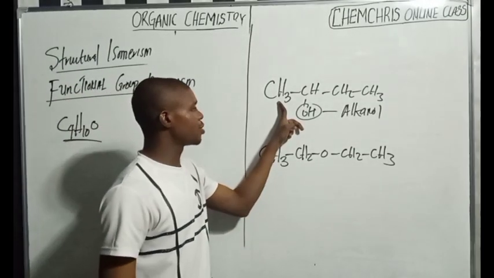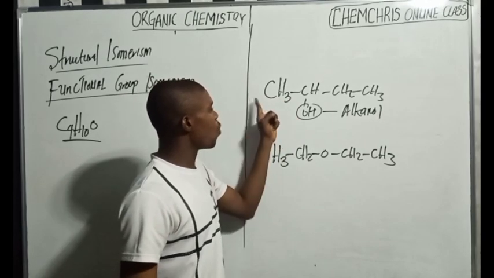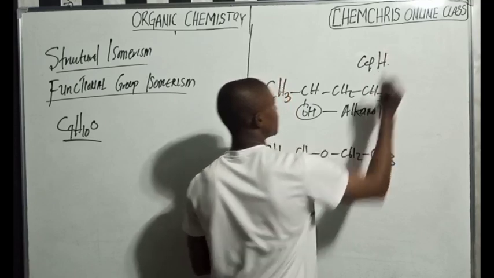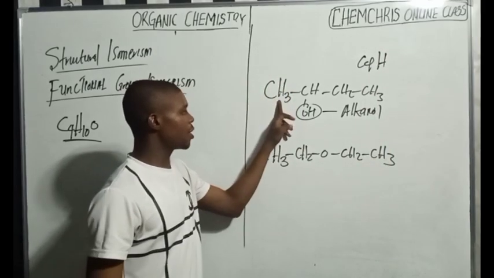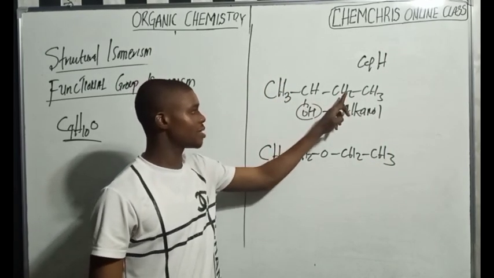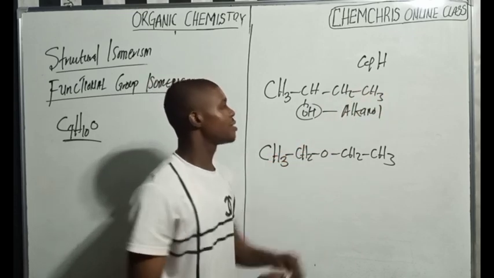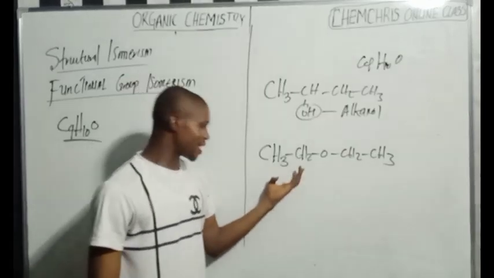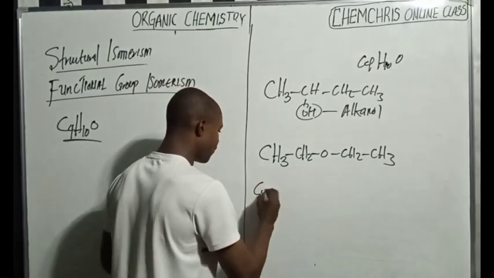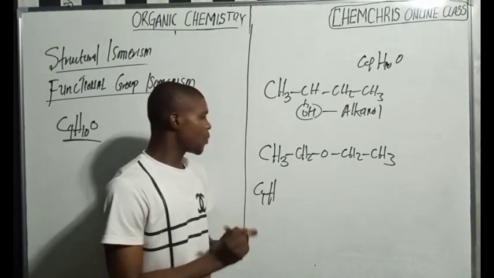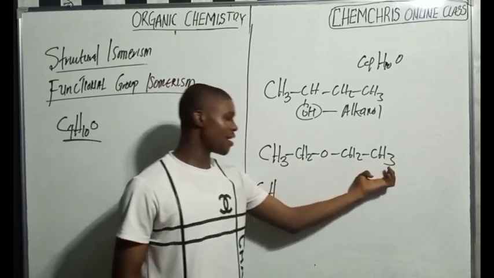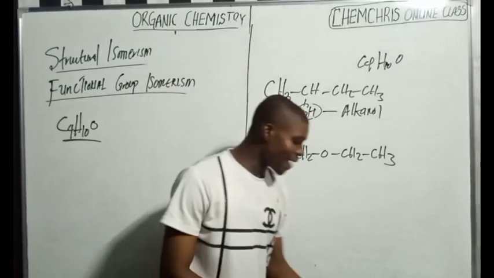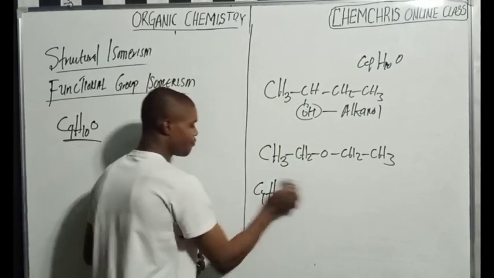Here we have 4 carbons, C4, and hydrogens: 3, 4, 5, 6, 7, 8, 9, 10, and oxygen. The same thing here: C4, here we have 5 hydrogen, 5 hydrogen, which is 10, and one oxygen, right? They both have the same molecular formula.